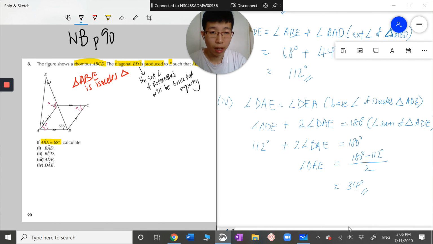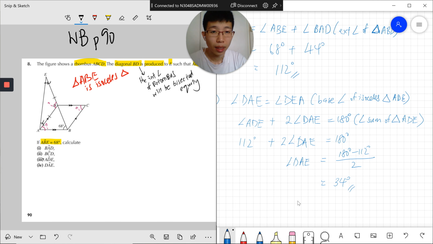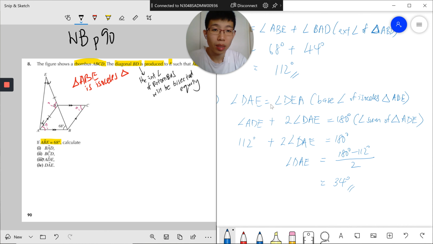So this is how I write my property. Angle ADE plus 2 times angle DAE, since these 2 angles are the same, equals 180 degrees. The property is the sum of interior angles of triangle ADE. Now I replace the angle with the values, ADE with 112. After that, I take 180 minus 112 divided by 2, which gives me 34 degrees.